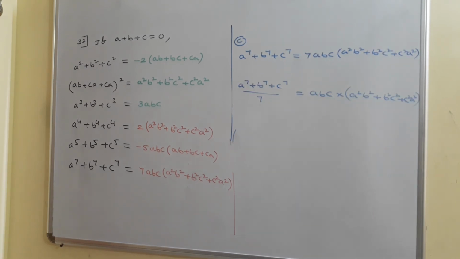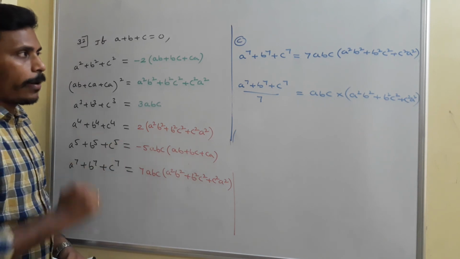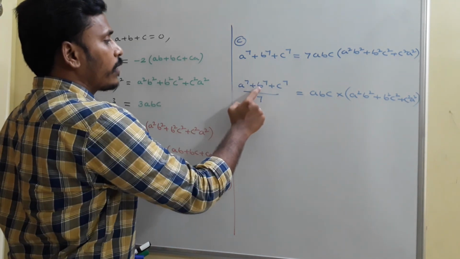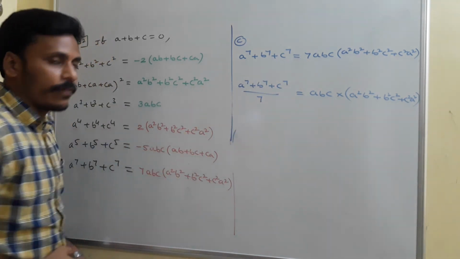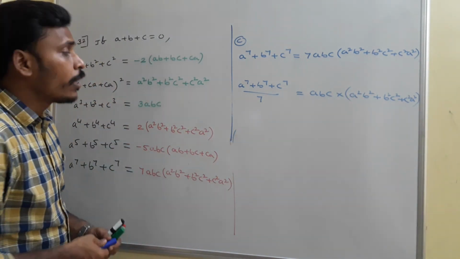I started my discussion with A power 7 plus B power 7 plus C power 7, which is equal to 7 ABC times this. Okay, send this 7 this side, so A power 7 plus B power 7 plus C power 7 by 7 is equal to ABC into that. And what is ABC?